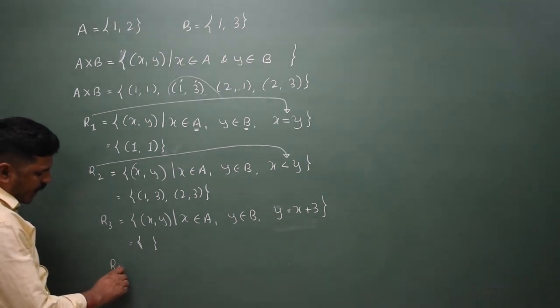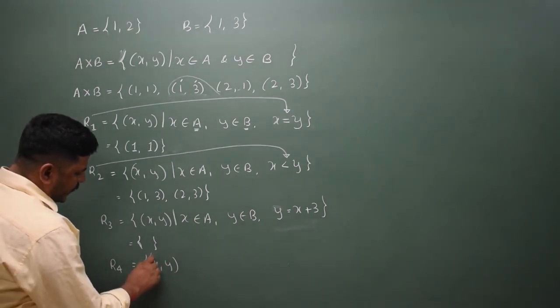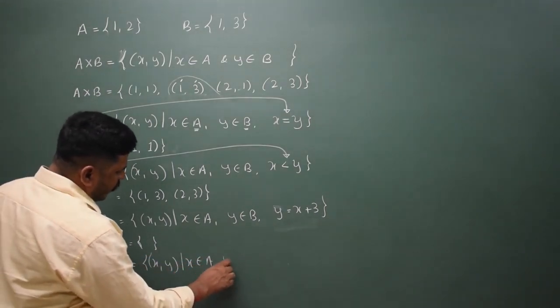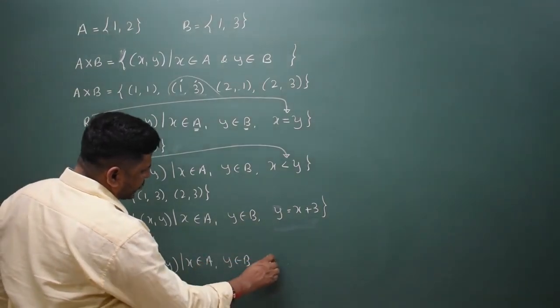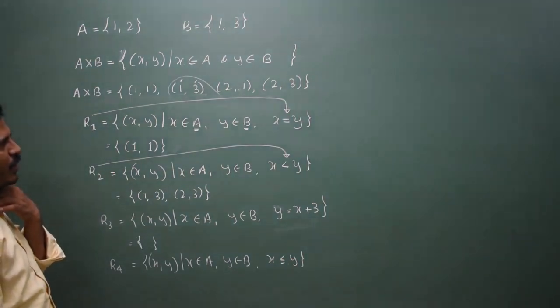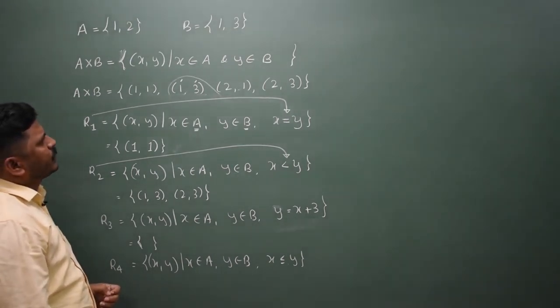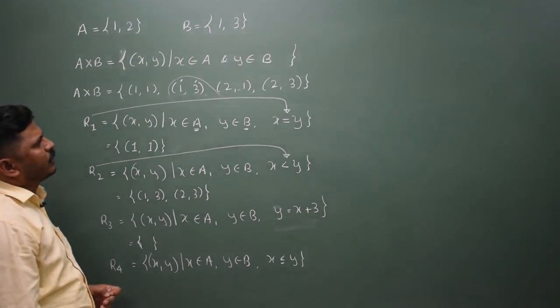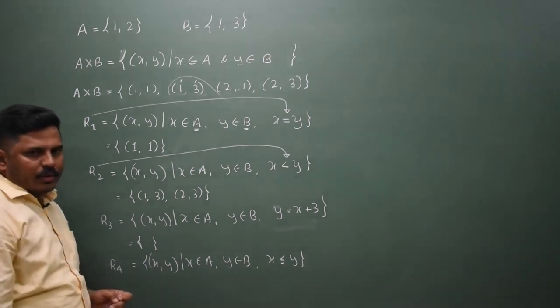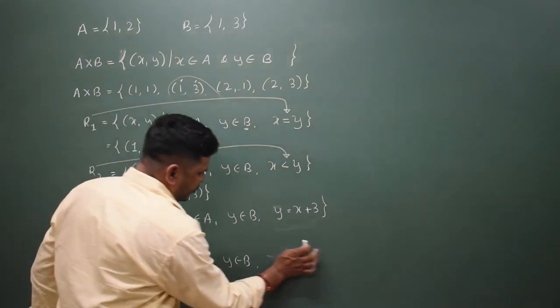So one more I will take, R4, that is (x, y) such that x is in A, y is in B, and x is less than or equal to y. I think I can take the difference instead.